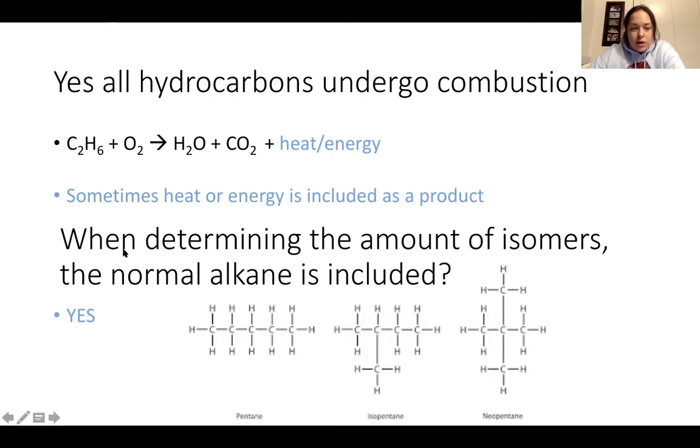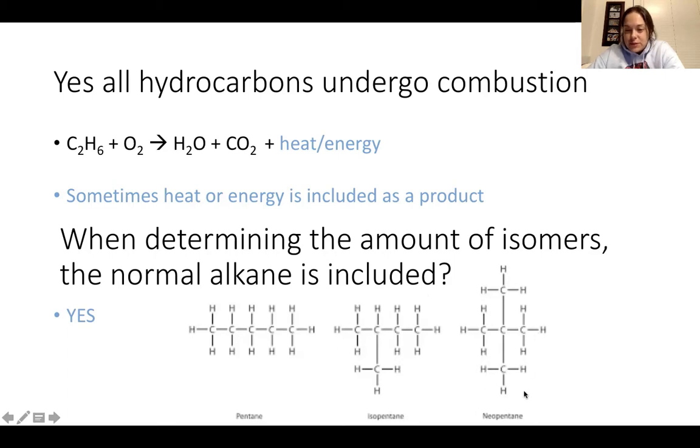So another question you guys asked was, when determining the amount of isomers, is the normal alkane included? Yes, that's the short answer. So what do I mean by that? If you have this molecule pentane, it has 1, 2, 3, 4, 5 carbons, and it has 5, 10, 11, 12 hydrogens. So this is C5H12. This is also C5H12, 1, 2, 3, 4, 5, and then 3, 6, 7, 8, 9, 10, 11, 12.